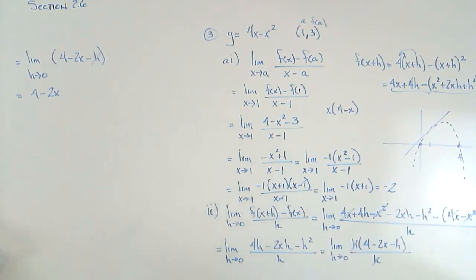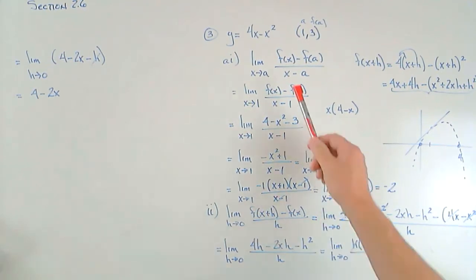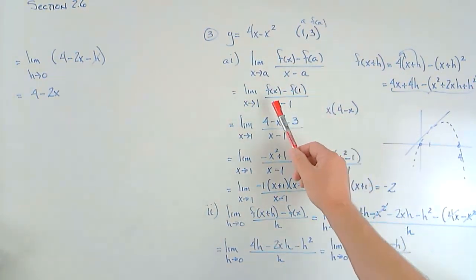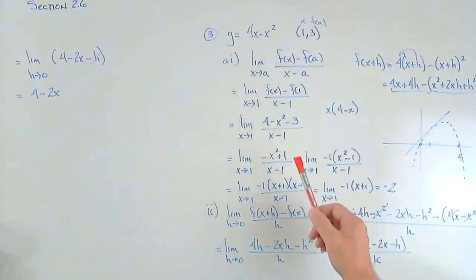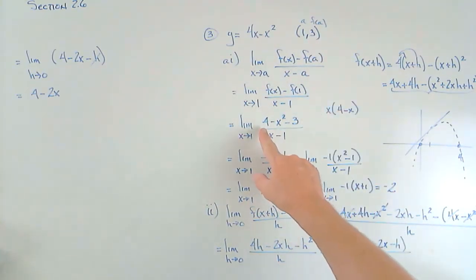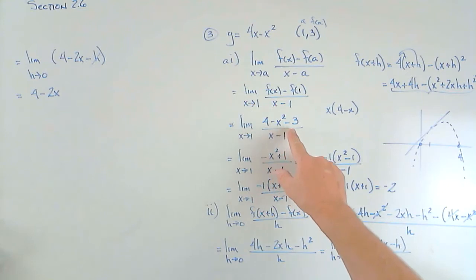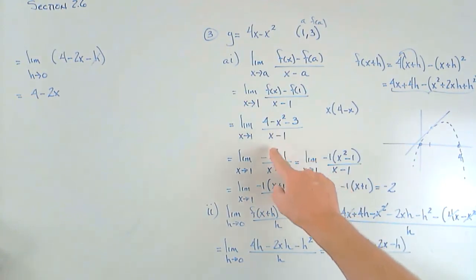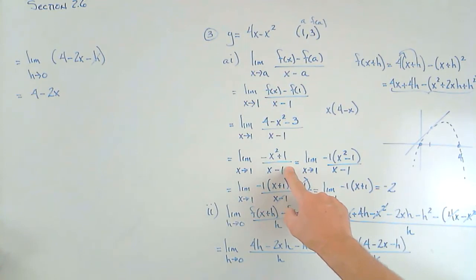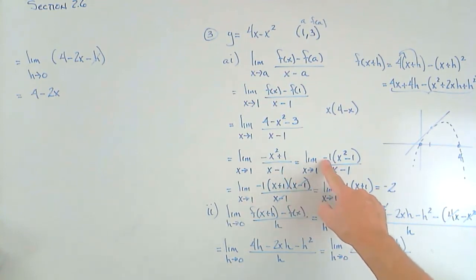Let's see if we can find where I made my mistake over here. Where did I make my mistake? We had f of x minus f of a, f of x minus f of 1, over x minus 1. f of x was 4 minus x squared, minus 3, because minus there, over x minus 1. That gives me negative x squared. 4 minus 3 is plus 1. Factor out the negative 1.